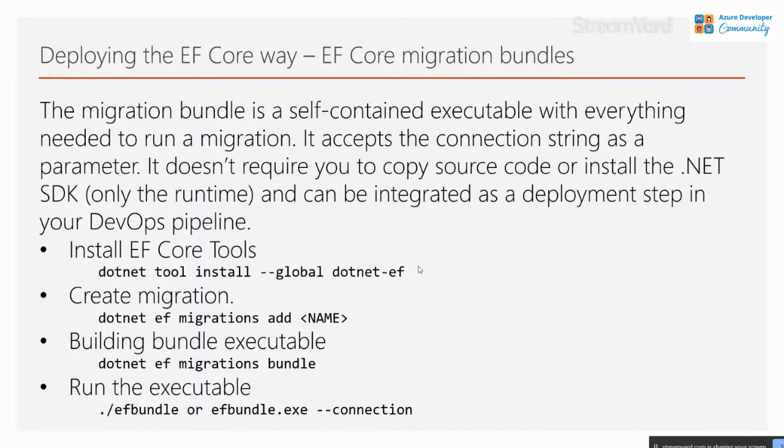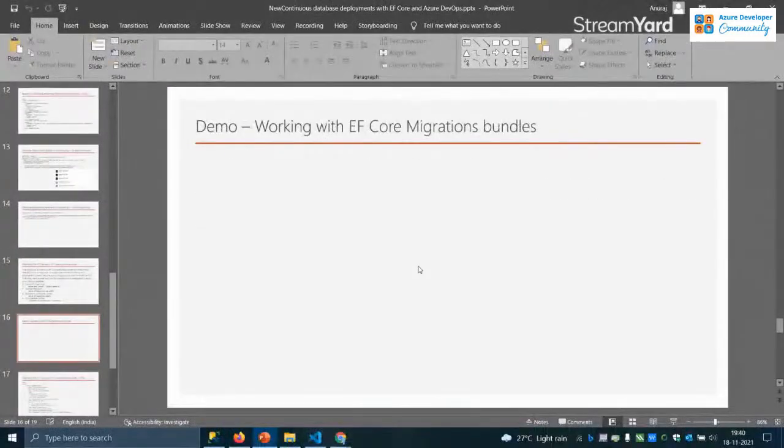Instead of applying the migration to the database directly, you need to create the bundle. So the dotnet ef migrations bundle command will create an exe for you, and you can call this exe to deploy the changes. Let me show you a demo.